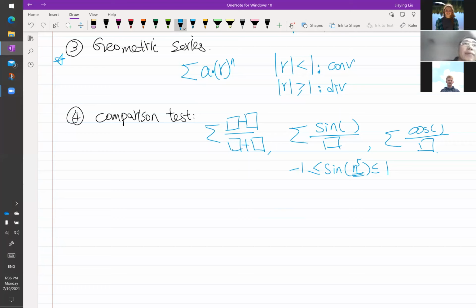I might be wrong here, but if you have sine n divided by square root of n, that will be between 1 over square root of n and -1 over square root of n, right?